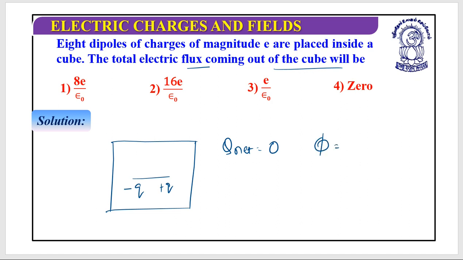So this net charge would be 0. What is flux? It's q enclosed divided by epsilon naught. Now you can arrange as many dipoles as you wish. That will contribute net charge as always 0. If net charge is 0, flux would be 0. Yes, this is a question of 10 to 12 seconds. You must do this within this amount of time only.